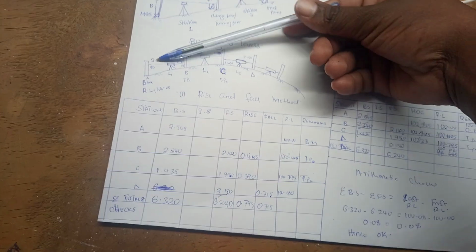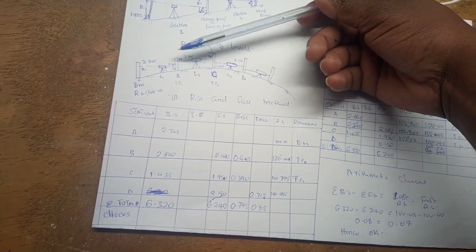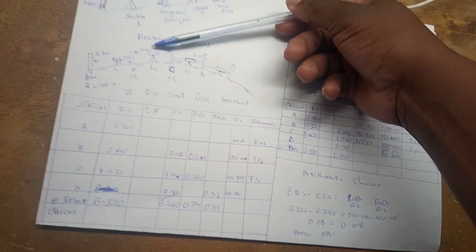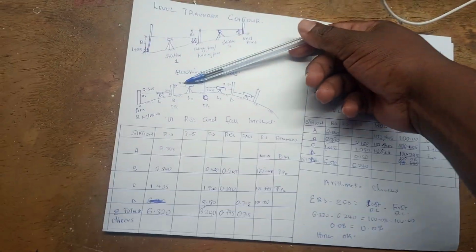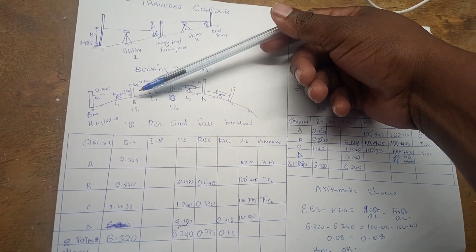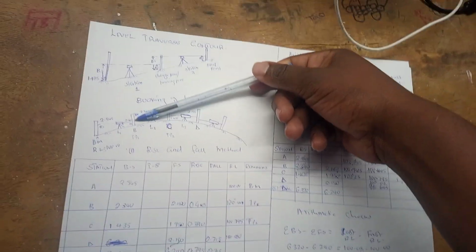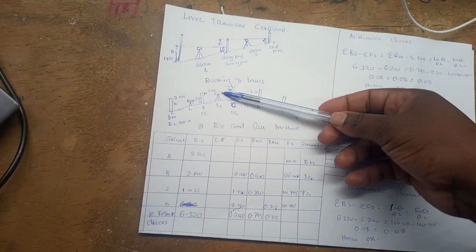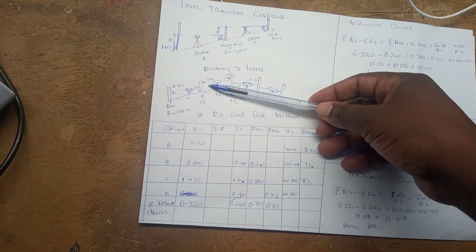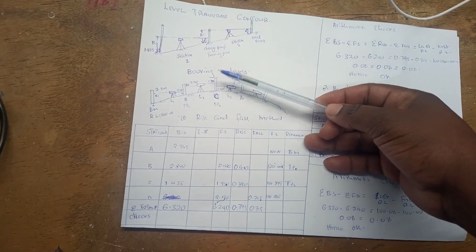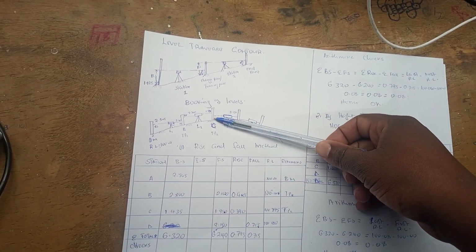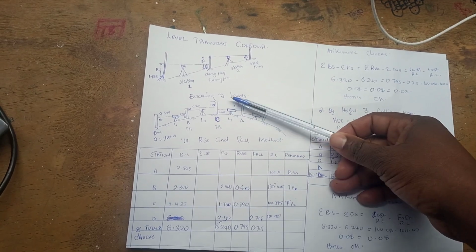I have a backsight level, then I have a foresight level, then I have to change the machine, and I don't have to change the staff because my foresight becomes my backsight. Then I take the reading at that point to become my backsight, and then I take another level to become my foresight.